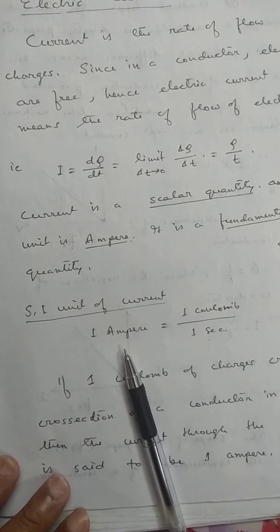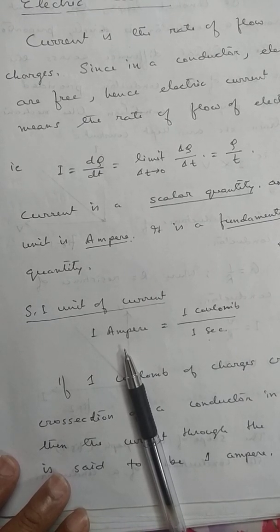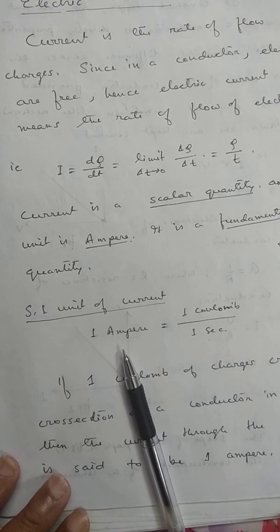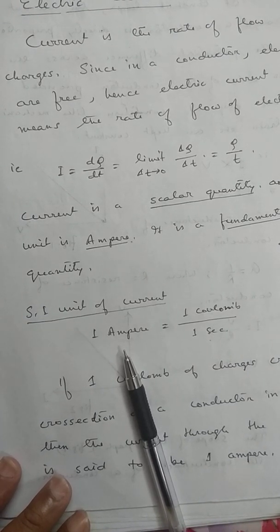So inside the battery as well as inside the electrolytic cell, total current means the flow of both the positive ions and negative ions.